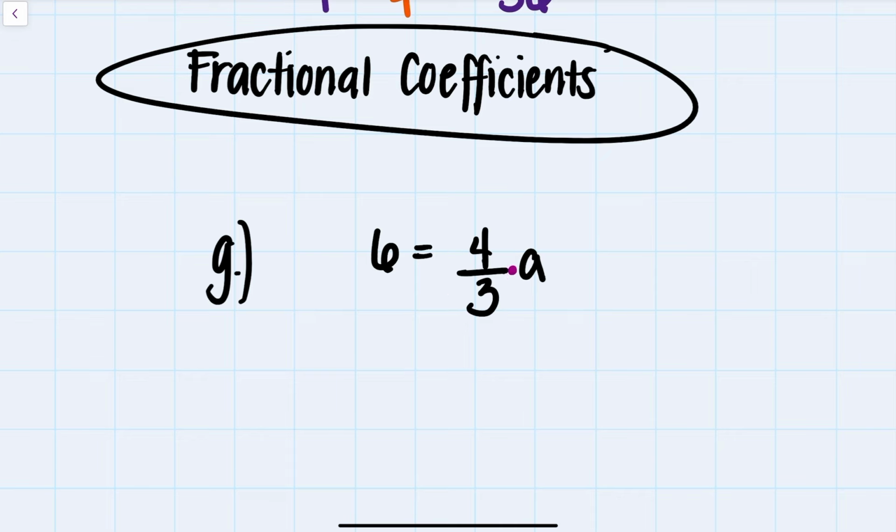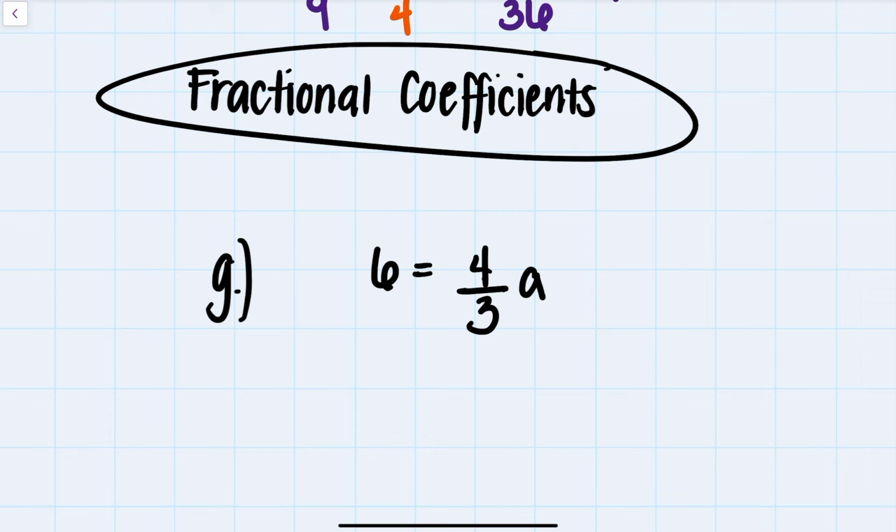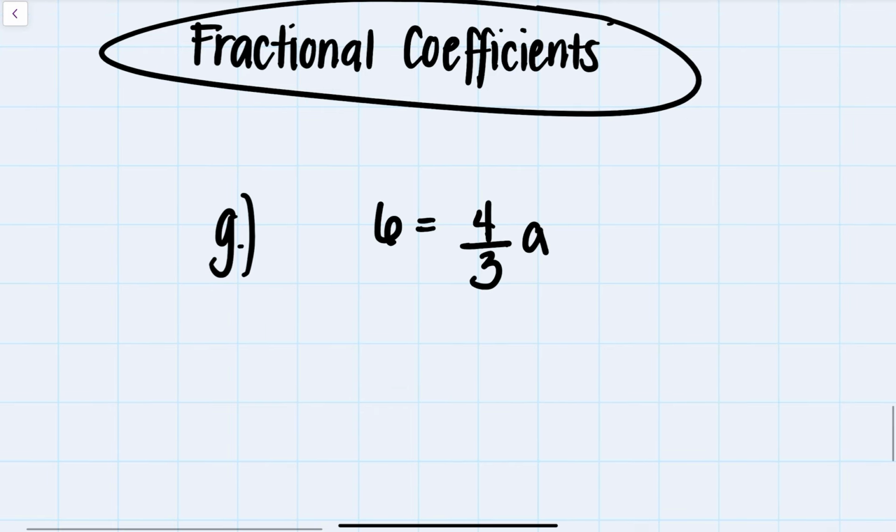Now, if I want to leave the variable a alone, I have to multiply the variable by the reciprocal of 4/3. The reciprocal is getting the fraction and flipping it, so the reciprocal of 4/3 is going to become 3/4. I have to multiply by the reciprocal on the opposite side as well.